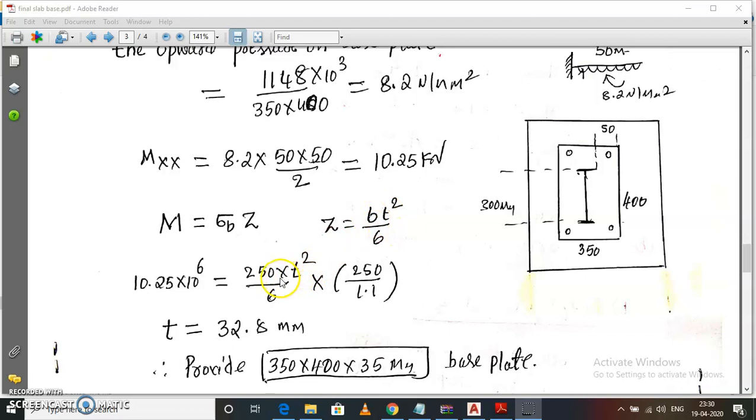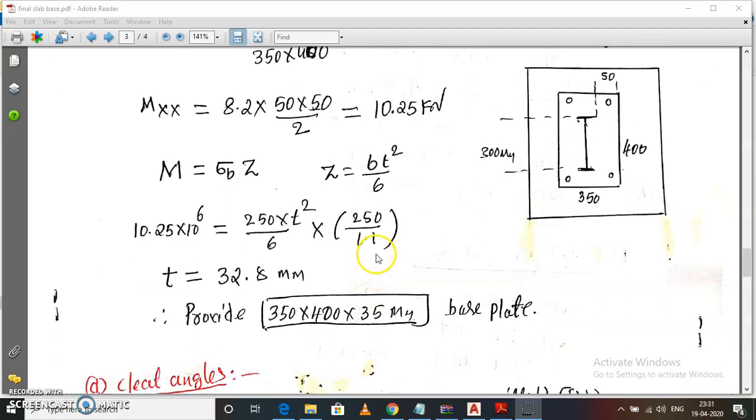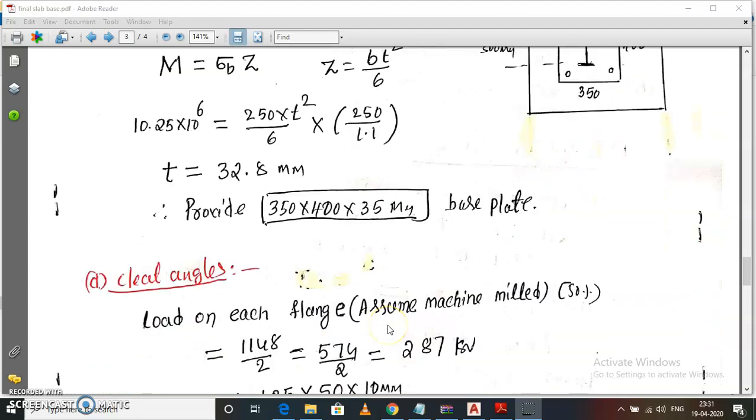B is the breadth of the load, 250 into T square divided by 6 into 250 divided by 1.1. So 250 is the allowable stress, divided by factor of safety 1.1, you get T is equal to 32.8 mm. Therefore, provide 350 by 400 by 35 mm base plate. So 350 by 400 by 35 mm is the base plate designed.